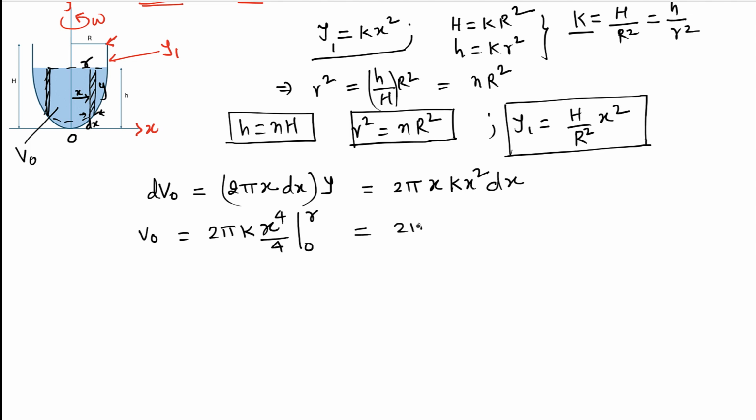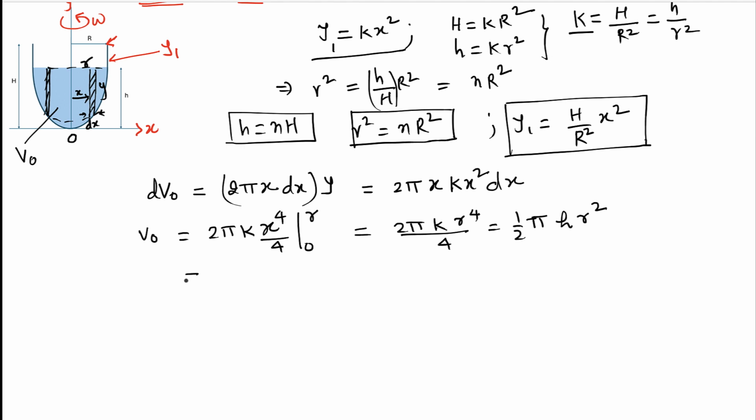So 2 pi k r to the power 4 by 4, or 1 by 2 pi, and k r square is nothing but the initial h, so h and r square, right? So this is the initial volume.